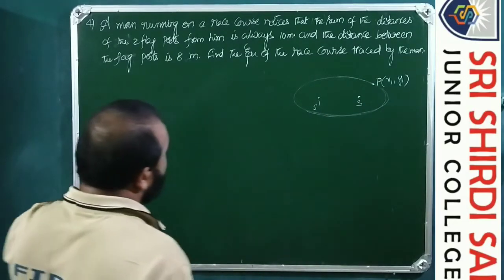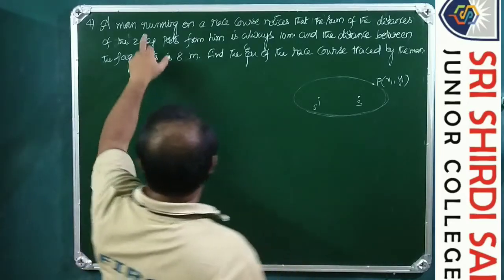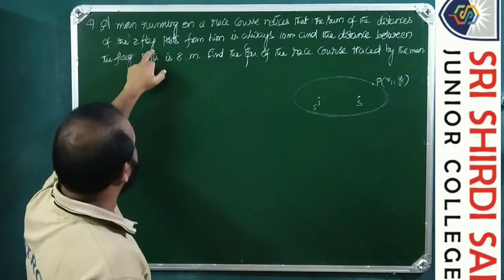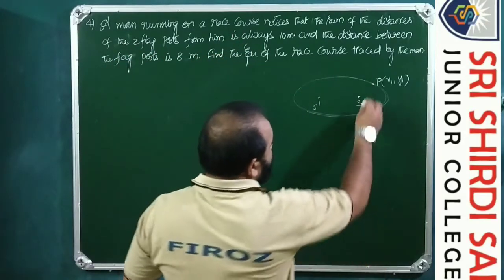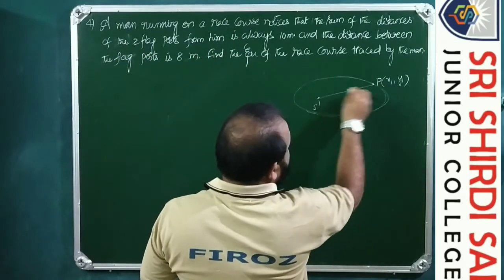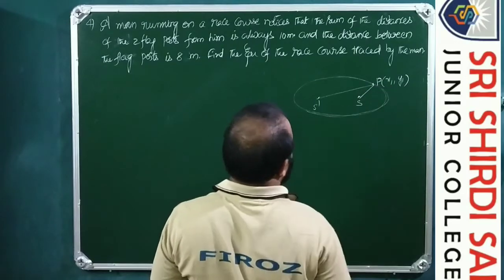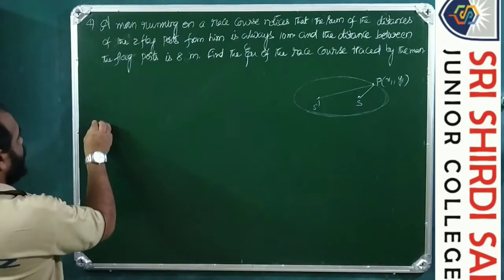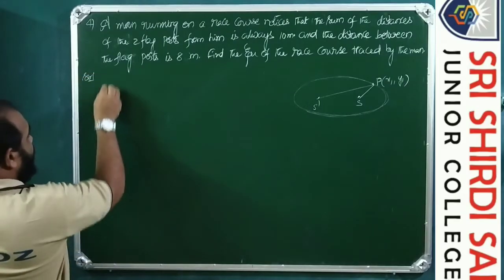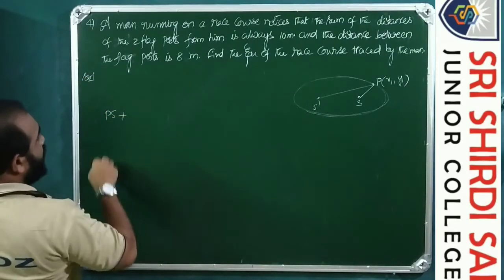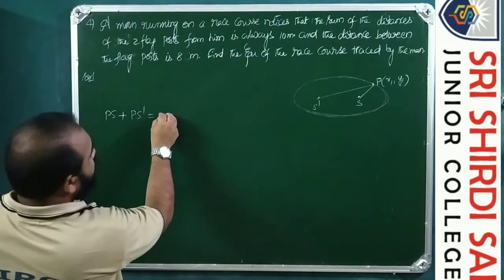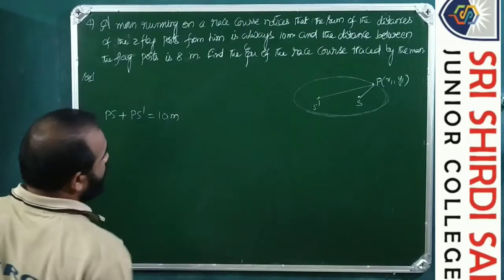Now what is given is the sum of the distances of the two flag posts from him. So that means PS dash plus PS is equals to 10 meters, given.